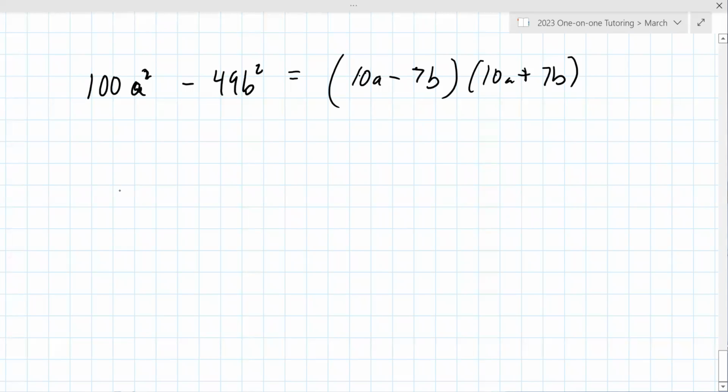Very good. Let's do one more here. Let's say it's 1 minus 144x squared. One minus 12x and 1 plus 12x. Very good.